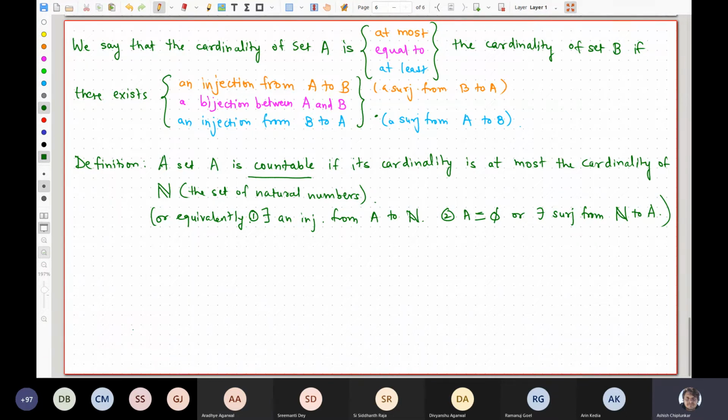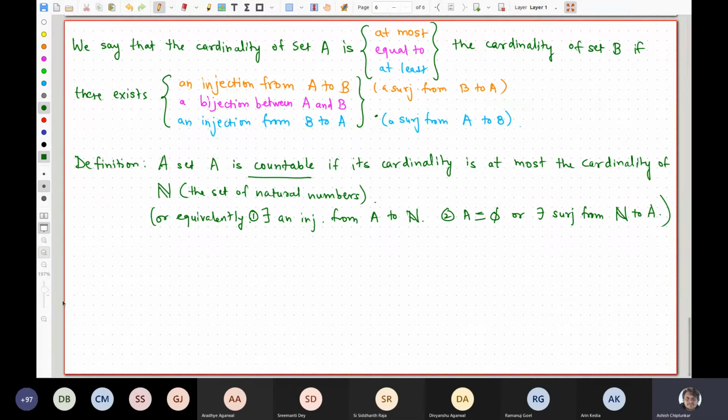Even if you pick out one element, there are still infinitely many elements left, so you can pick out a second element. So you can always say this is the first element, this is the second element, this is the third element of the set. There could be more elements left, but this gives an injection from the set of natural numbers to that set.